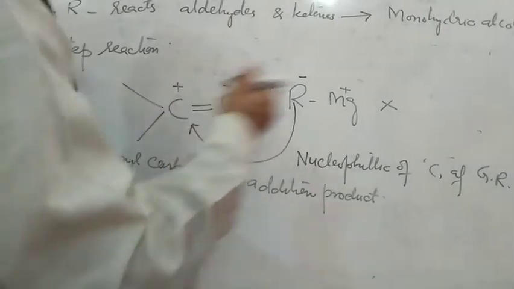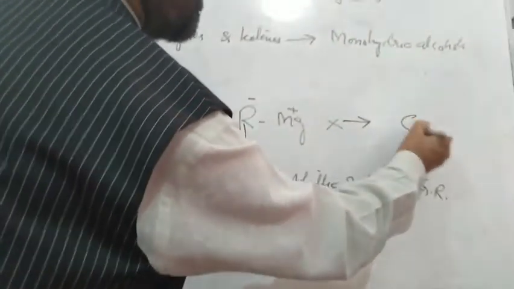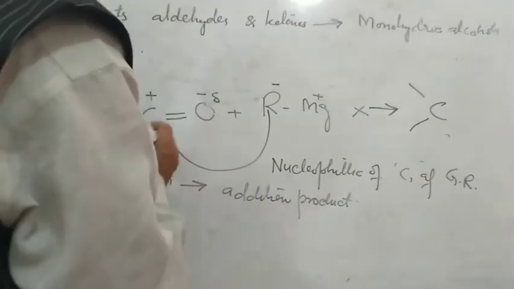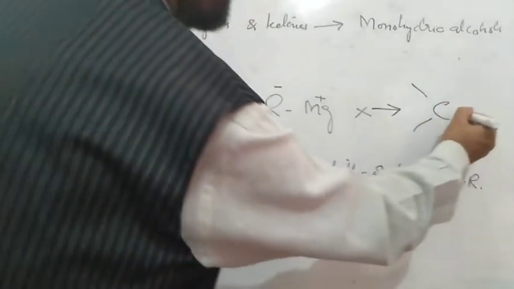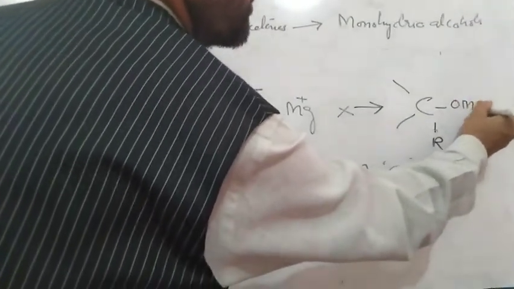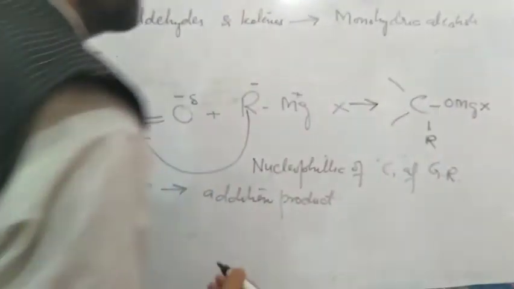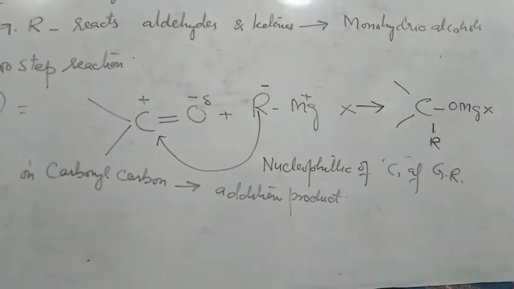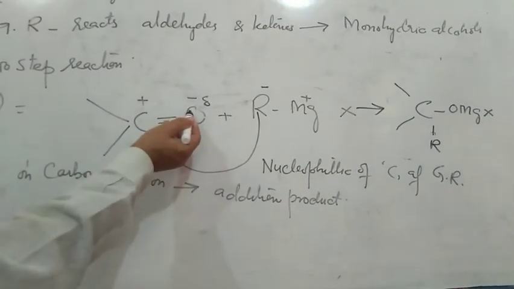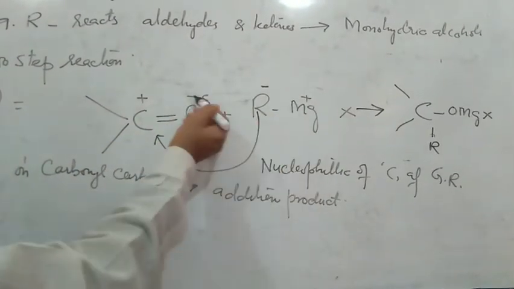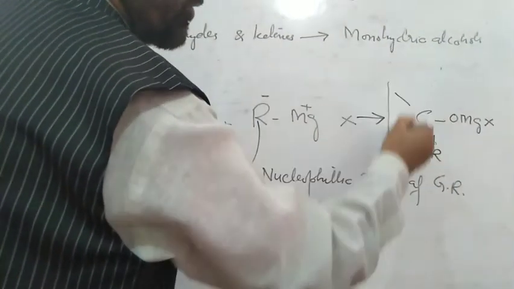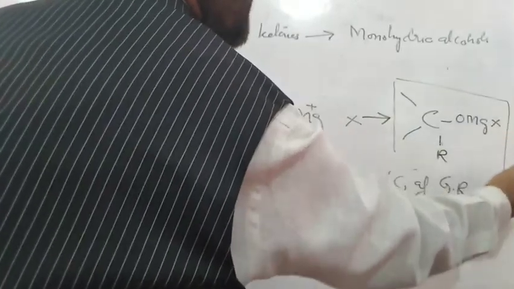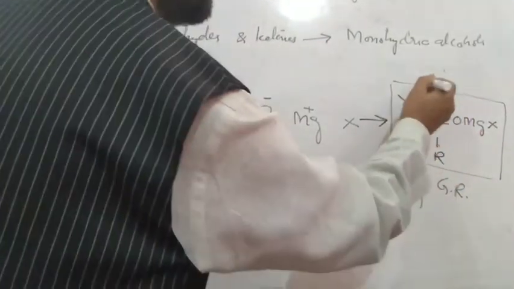It will be like this: carbon, this one, and here it is R and OMgX, because here it was negative. Now magnesium is positive here. So this is the addition product.